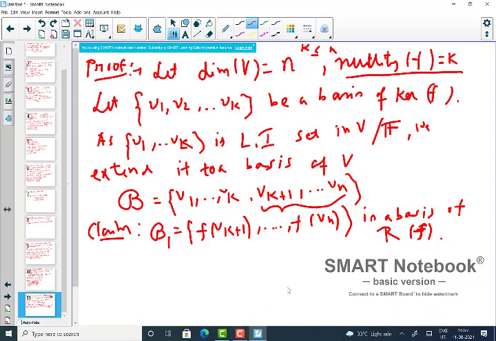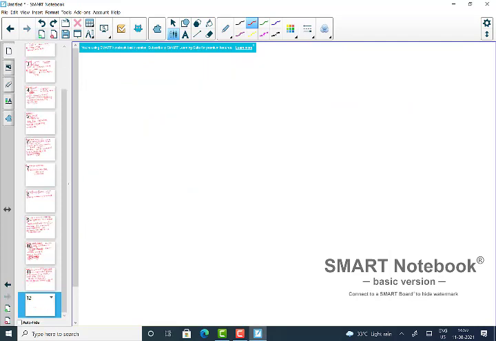Now to prove something is a spanning set, what do you need to prove? You need to prove that every element of the image is actually inside the span of that. So how do you prove that?